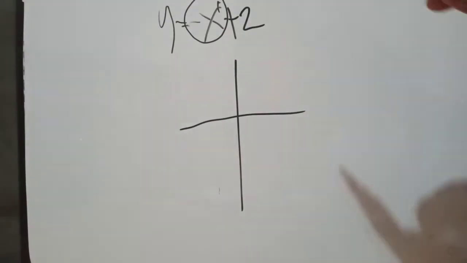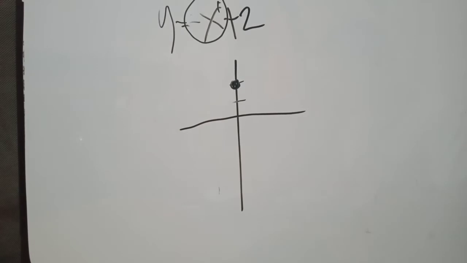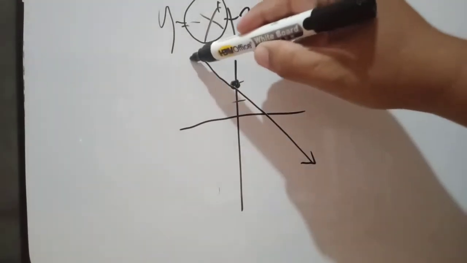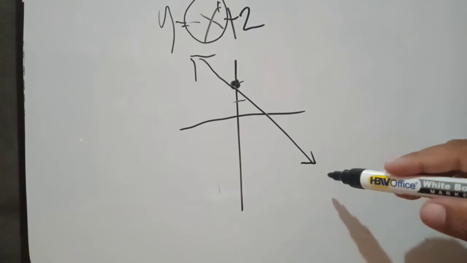This is negative, and the exponent must be an odd number. So the direction or the behavior of the line must be going like that. The other side must be in the second quadrant, and this is in the fourth quadrant. So it must be like that. That's for linear equations.